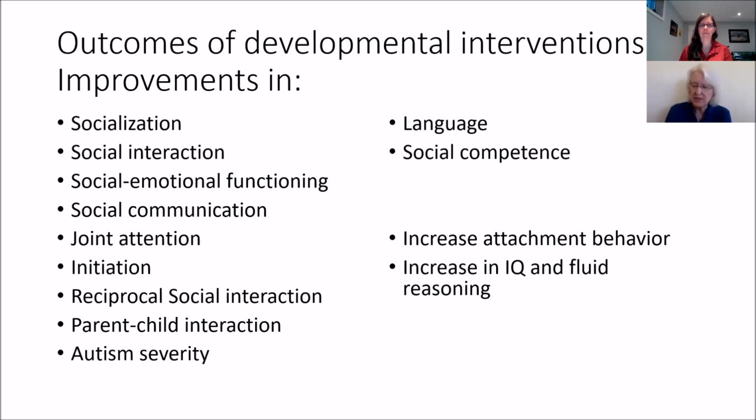Also, autism severity, which is basically looking at the scores on the ADOS, which are the core symptoms of autism, improved. Some of them showed improvement in language. The one that looked at attachment behavior showed improvement, and the one that looked at IQ showed improvement. So these are all important contributions to the research support for DIR.